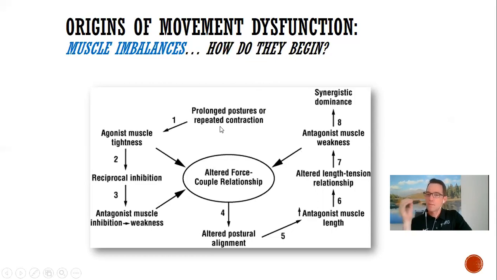Okay, so remember our biomechanical approach. Prolonged postures or repeated contractions in muscle develop postural dysfunction because those muscles become tight and dominant. Really, from a neurophysiologic standpoint, there's increased alpha motor neuron pool excitability. I know I told you I was going to geek out on you a little bit, but increased excitability, right?